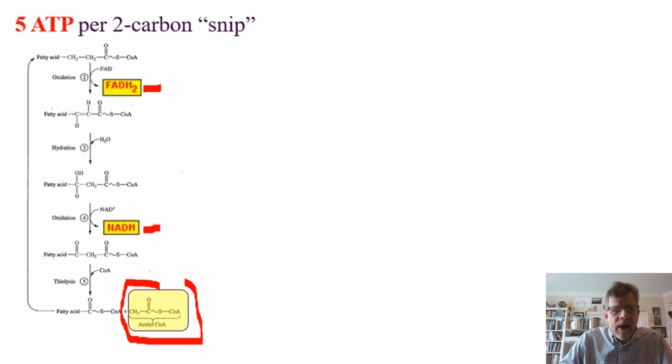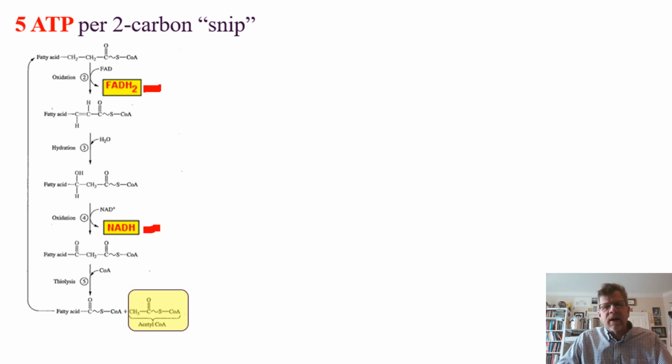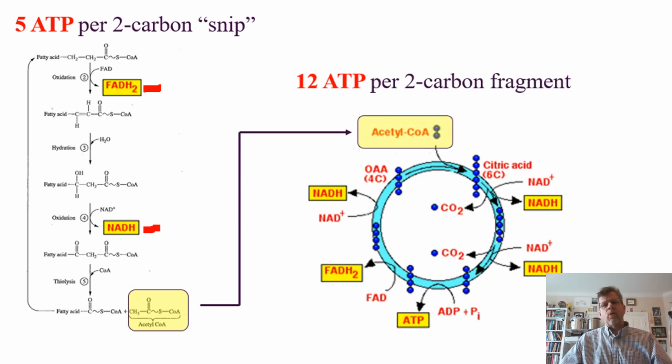So that acetyl-CoA, as we know, can then be put in to drive one turn of the citric acid cycle. This acetyl-CoA now, this is something we've looked at before in the previous unit.